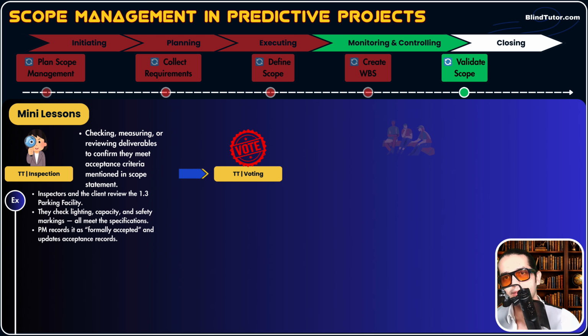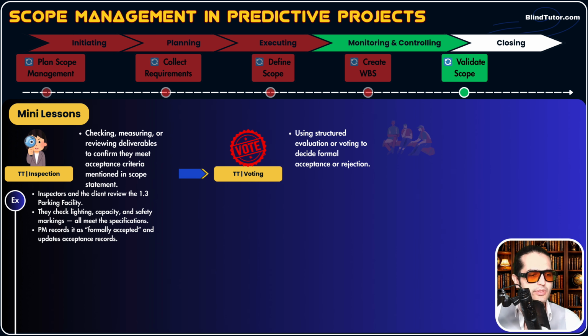Feel free to read that example. Now, voting, guys. Remember those unanimity and then majority, plurality, dictatorship. These were different types of decision making. Guys, in this meeting where key stakeholders decide if the deliverable is accepted or rejected or conditionally accepted, there are different stakeholders.